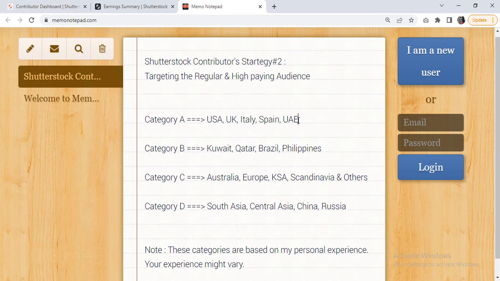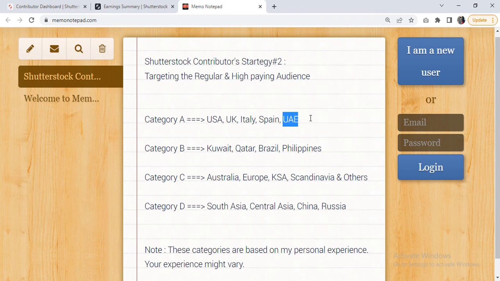So for example, if I'm designing something for the National Day of UAE, and then on the same day I design something for the National Day of, let's say, Russia, or China, or maybe some Scandinavian country, the difference in the number of downloads will be huge.